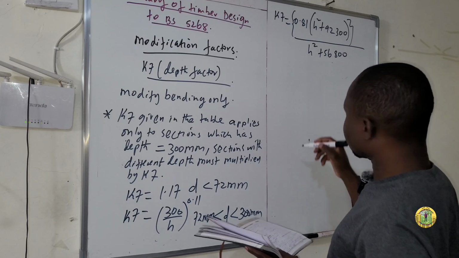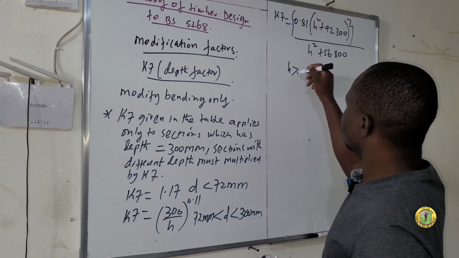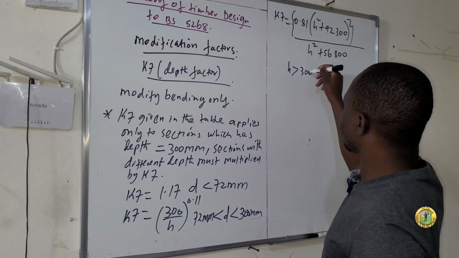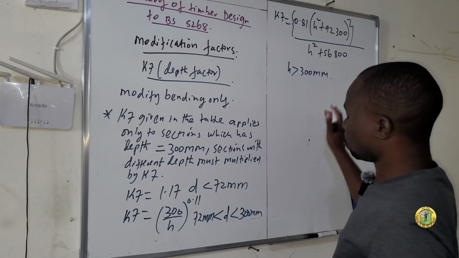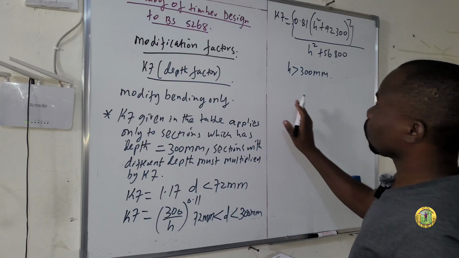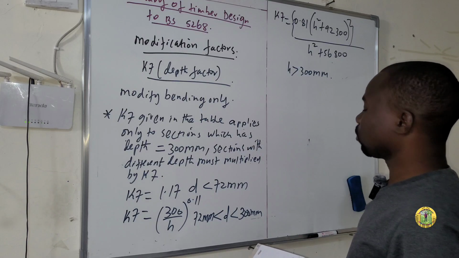And for this case, H is greater than 300 millimeter. So this is all about K7.